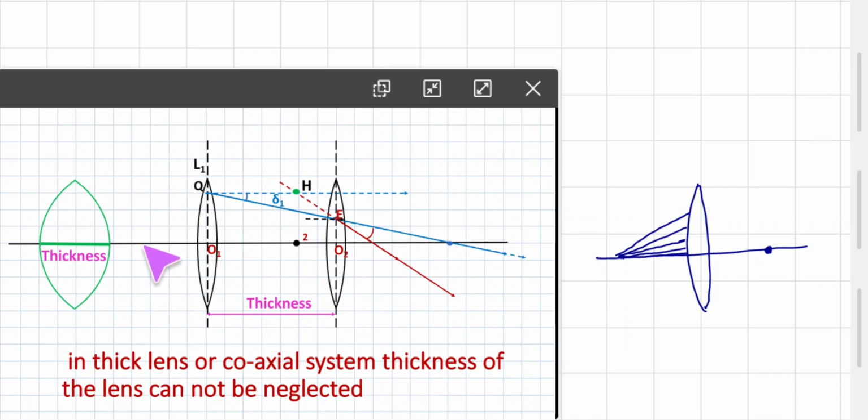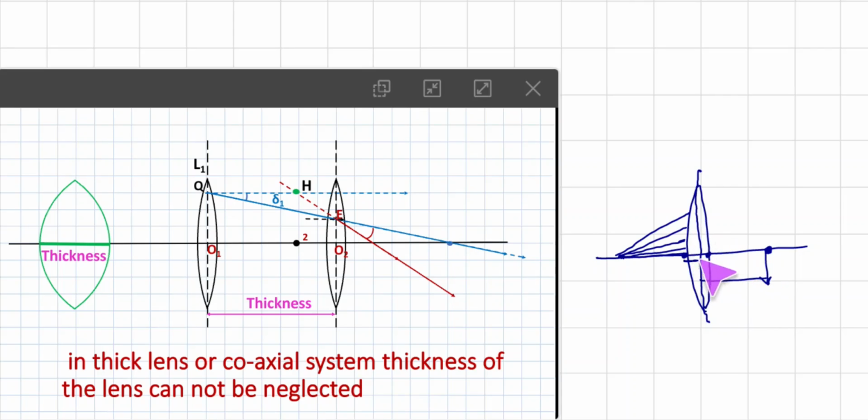So here we see, if we consider a thick lens, and here we have shown a thin lens. In the case of a thin lens, we are considering that these two surfaces are so close to the optical center that this distance is negligible, and we assume that the optical center and the poles actually coincide, and we measure all distances from the optical center.